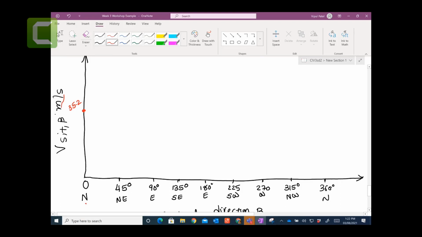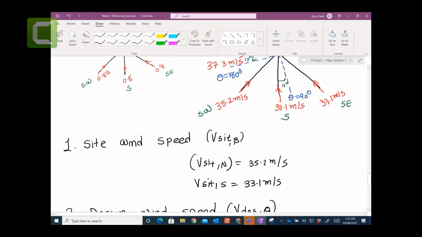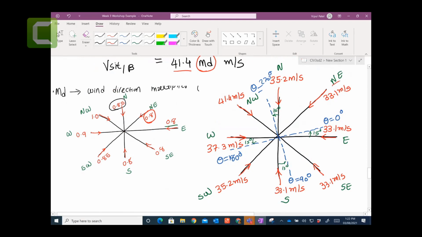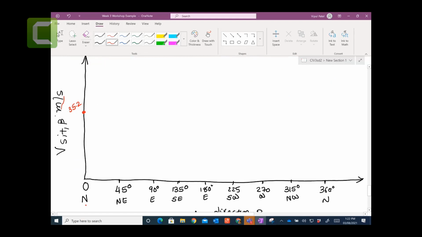Any questions? 35.2. Everyone understands, I believe. No questions. 35.2. Then we come to northeast, 33.1. Northeast, and we are just going to put it a little bit down. As I mentioned, there is 33.1.